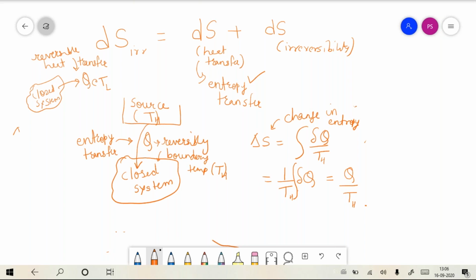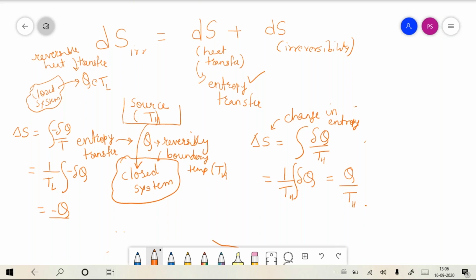The entropy change of the system would be the integral of del Q by T, and because the heat is going to the surroundings, I'll put a negative sign. Because the temperature is constant and it is TL, I can take this temperature outside the integral. So it will be the integral of minus del Q over TL, which comes as minus Q upon TL.